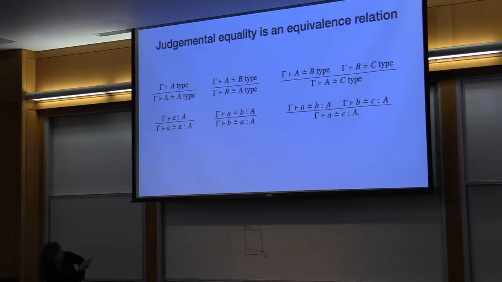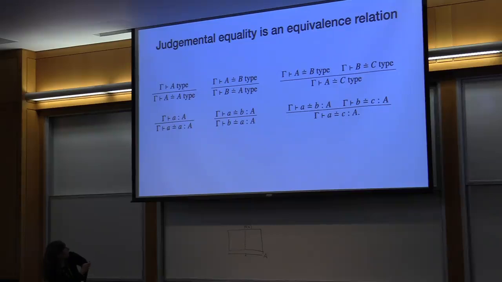So above you have the typing rules, right? And these are like, if A is a type, then A is judgmentally equal to A, so reflexivity. Here you have the symmetry. If A is judgmentally equal to B, then B is judgmentally equal to A, and the same for terms, right?